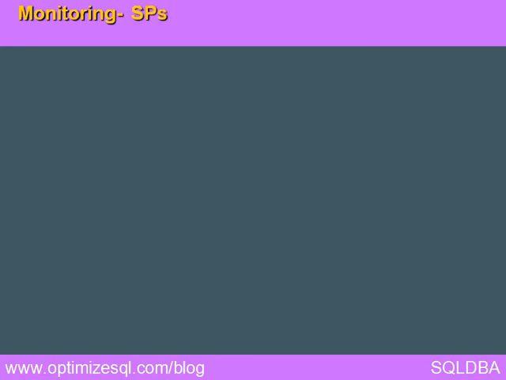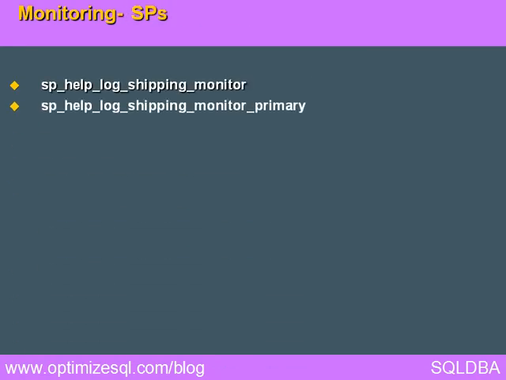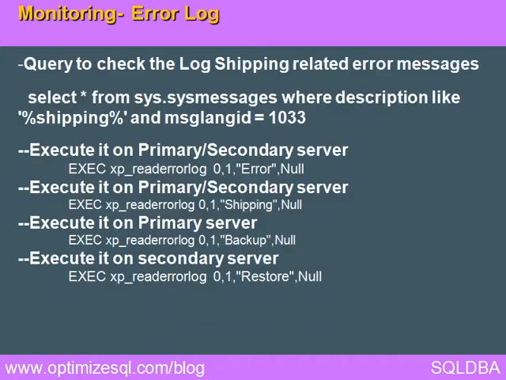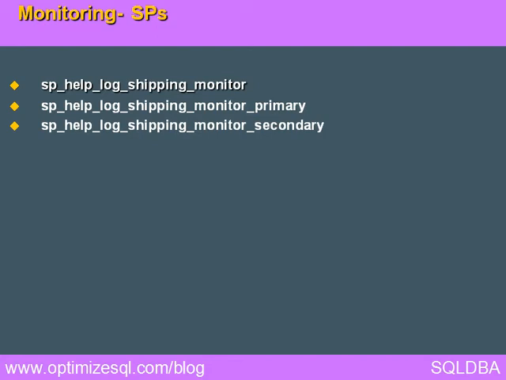The log shipping status report can also be obtained using stored procedures: sp_help_log_shipping_monitor and sp_help_log_shipping_monitor_primary. These stored procedures we can also use to monitor log shipping information. These stored procedures we have to run in which server?